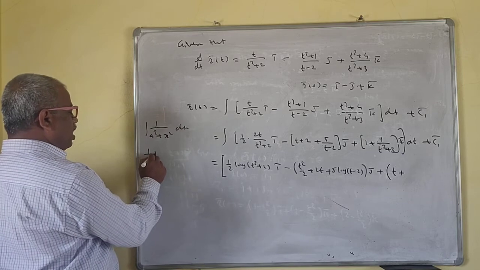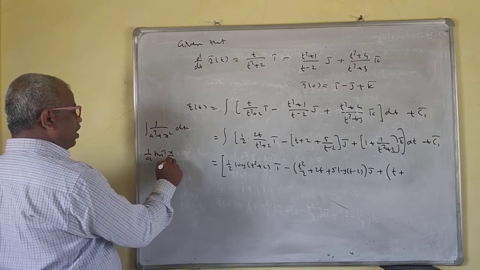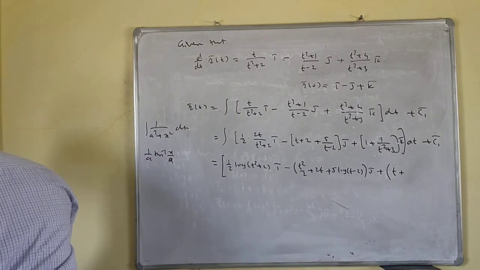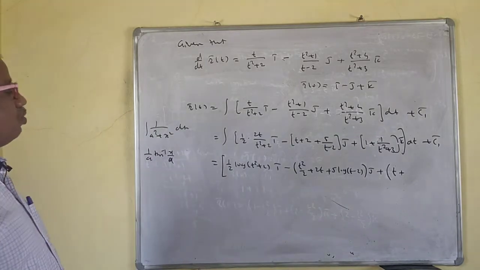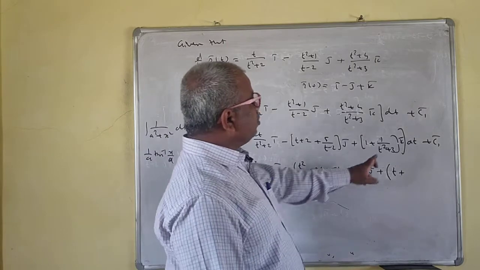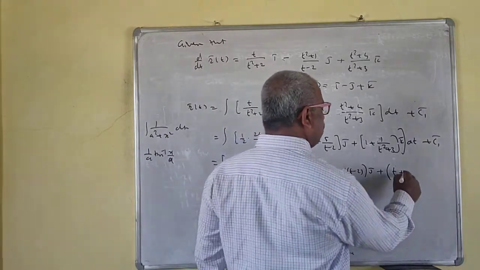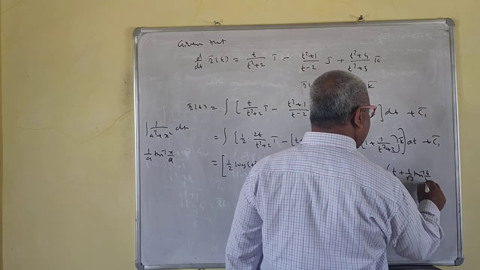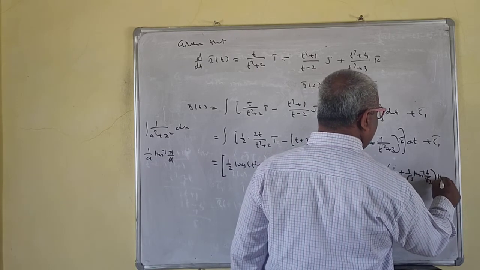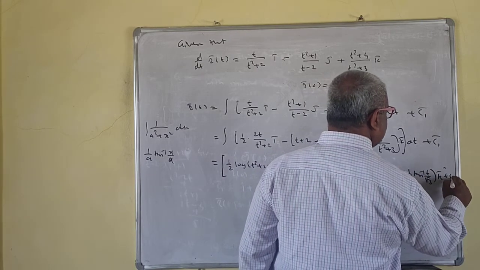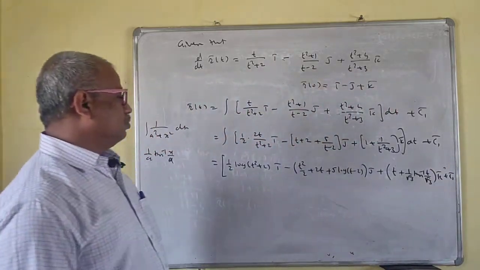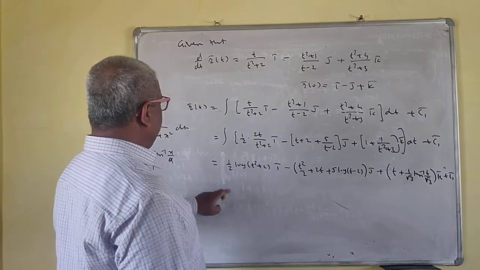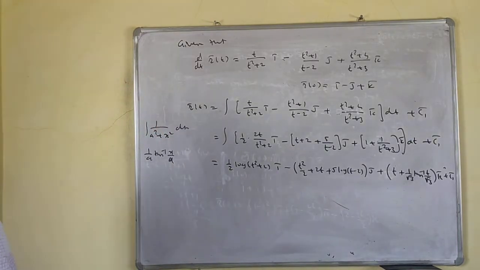So this is 1 by a tan inverse of t by a. So your a square is 3, so a is root 3. So 1 by root 3 tan inverse of t by root 3, k bar, plus c1 bar. No need to write the square bracket now. We are integrating each term now.